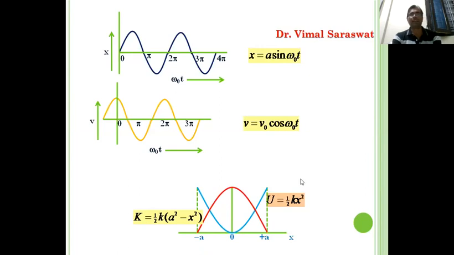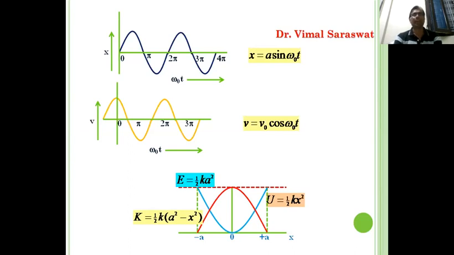Now if we add potential energy and kinetic energy, then the total energy will be half ka square, because half kx square and half kx square will cancel out. It means the total energy does not depend on the position. So the graph for total energy will be a straight line parallel to the position axis.